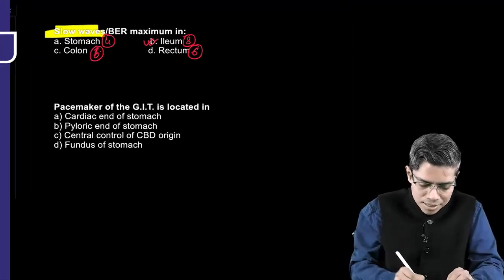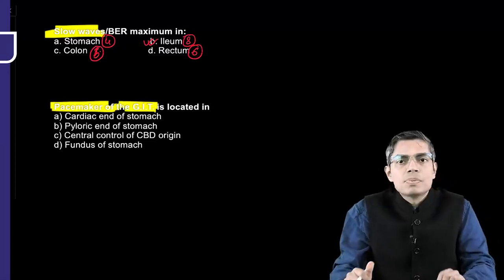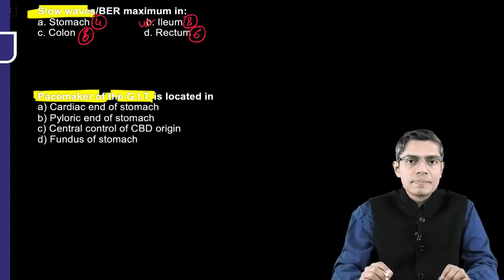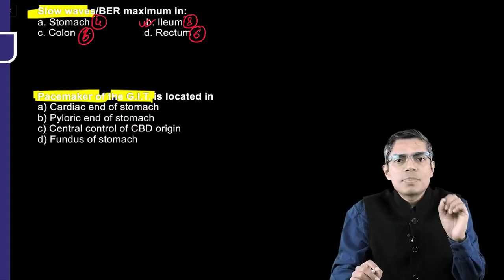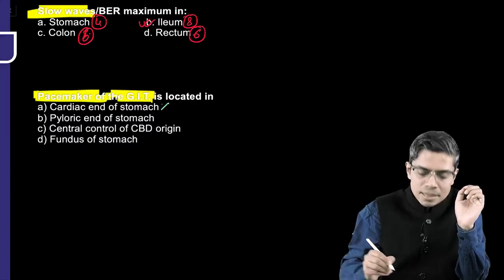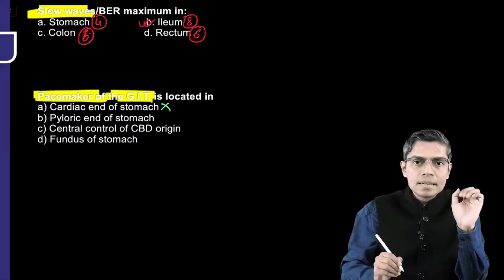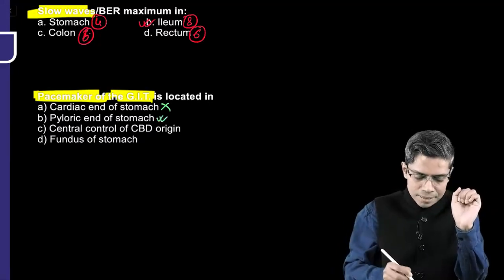Then the second question they are asking is, the pacemaker of the GIT is located in which part? I told you already that the pacemaker starts from the mid part of the stomach, that is the body of the stomach. In the cardiac end of the stomach, pacemaker or interstitial cells of Cajal are not there. The pyloric end of the stomach can have it.